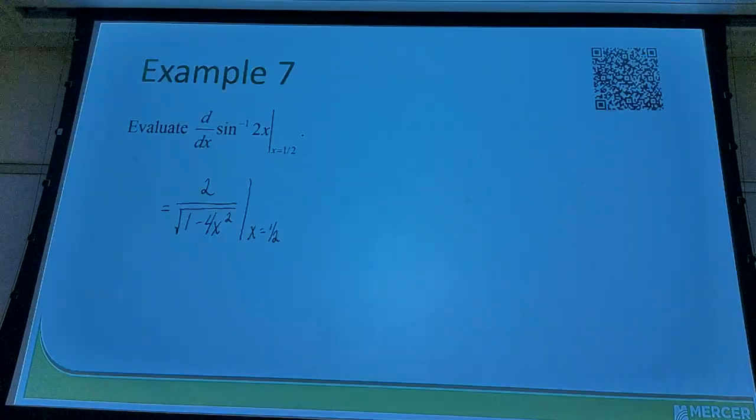Is it? Is 2 over 0 always positive infinity? No. In this case, it is, because of the square root.